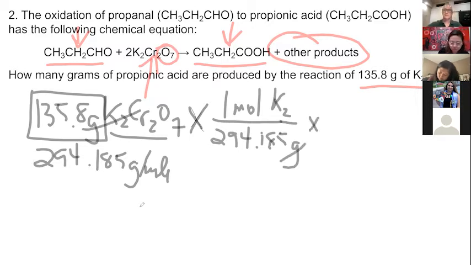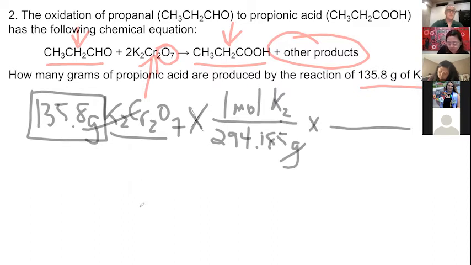What's the next conversion I need to make? So now I've got moles of this. What do I need to calculate next? The ratio between the two molecules. That's right, exactly.